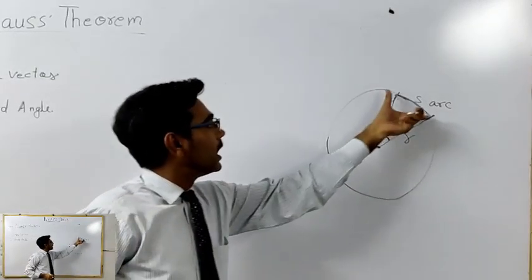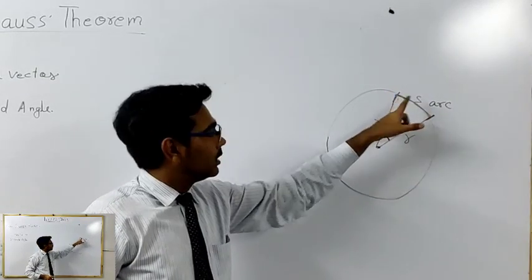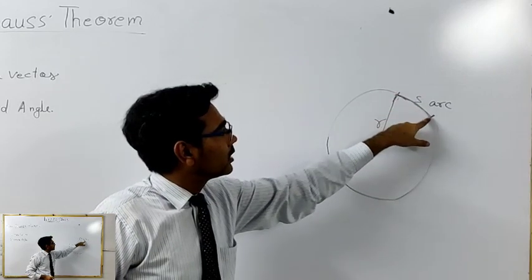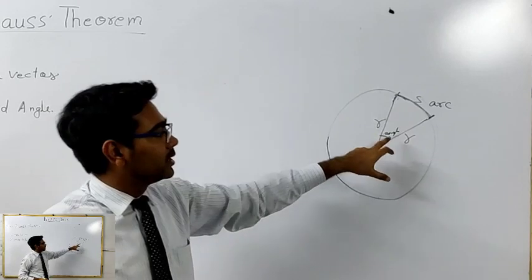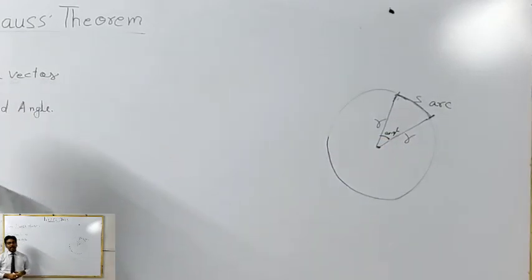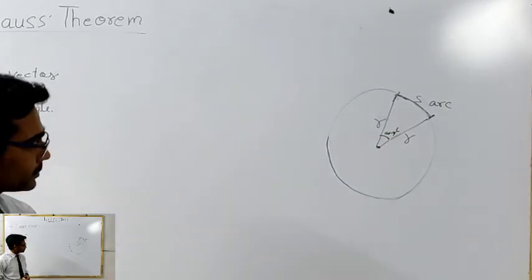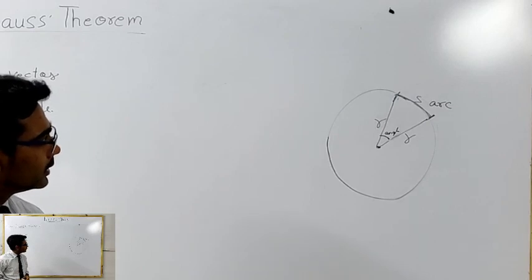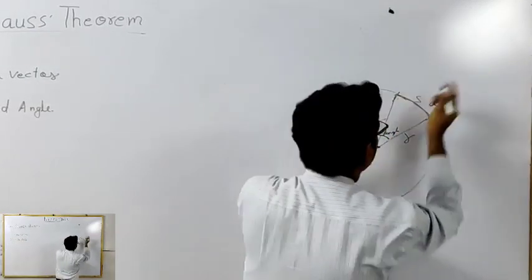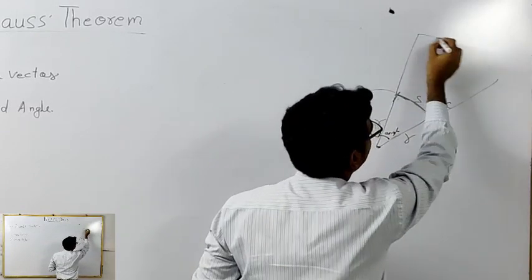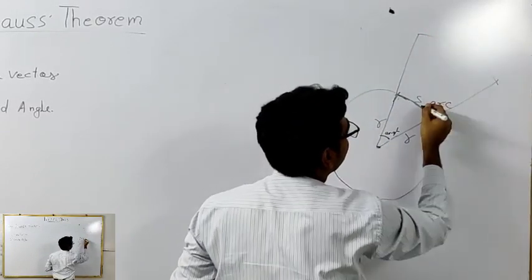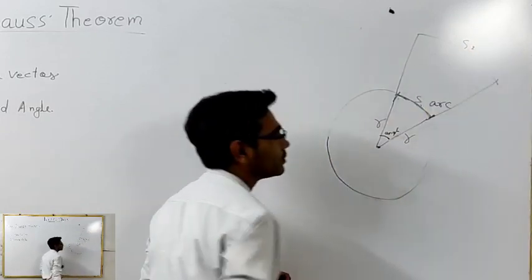That means when the arc of the circle, if we connect the end of the arc to the center, then the angle which it subtends is called the plane angle. And you know that if you increase this radius, it will be a bigger arc, say S1, S2.